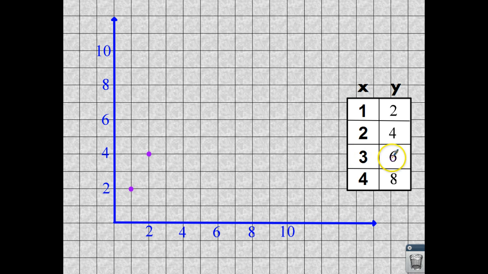I have 3, 6. So 0, 1, 2, 3, then 2, 4, 6. And then I have 4 and 8. So 4 goes up to 8. Now I'm going to take out a straight edge and graph my line and see where it's going to be going here.